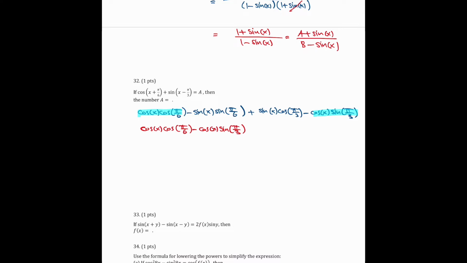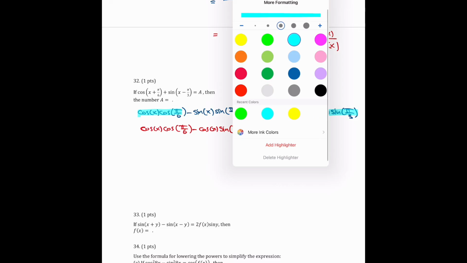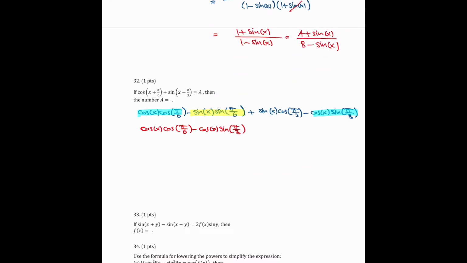That is the first two terms. And then I'm going to combine the sine terms. I'm going to begin with the positive one. So I'll choose a different color. So I will have plus sine x cosine pi over 3 minus sine x sine pi over 6.